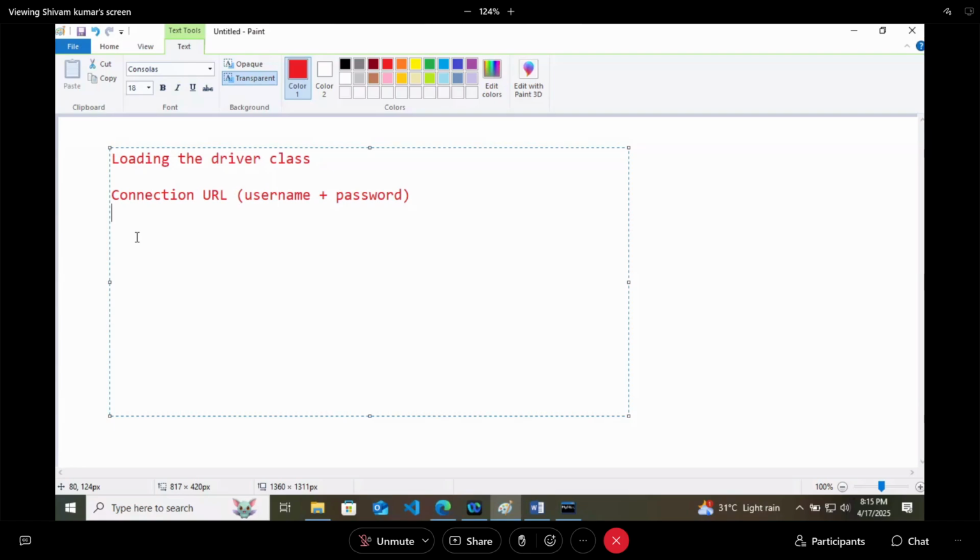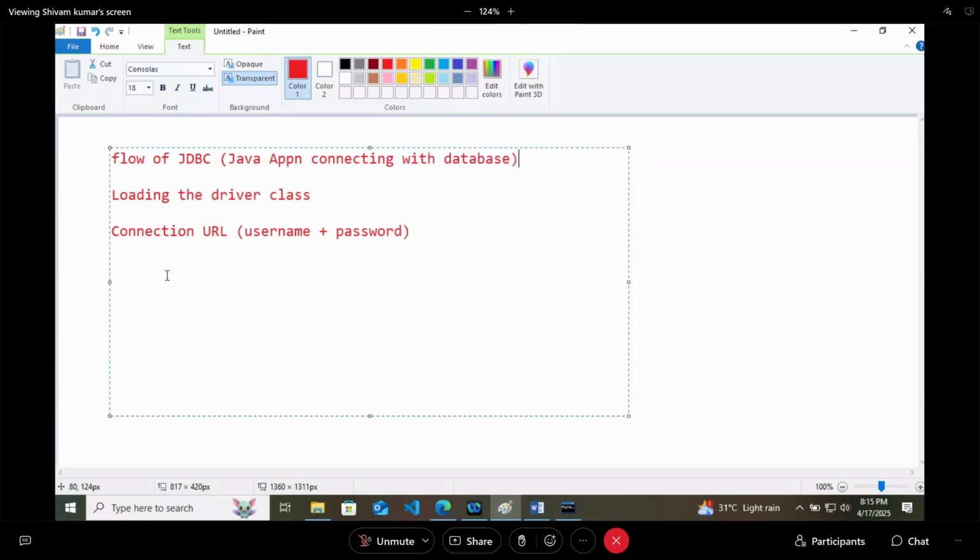Java application connecting with database, try and catch. Flow means at first you will load the driver class.